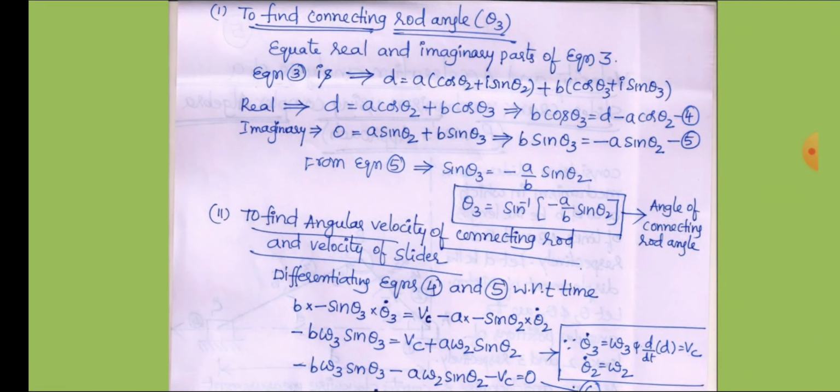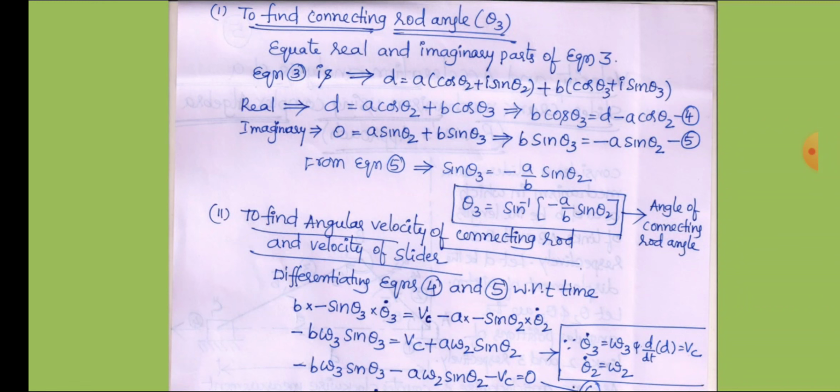Similarly, next find the angular velocity of the connecting rod and the velocity of the slider. Here theta 2 is known, theta 3 I just calculated, so all angles are known. Now I should find the velocity components. What are they? Two velocities. One is the velocity of the slider and another is the angular velocity of the connecting rod, because the connecting rod will oscillate, or revolve.